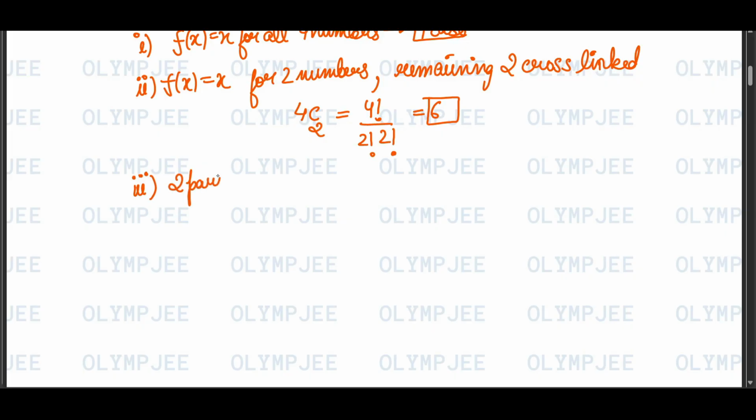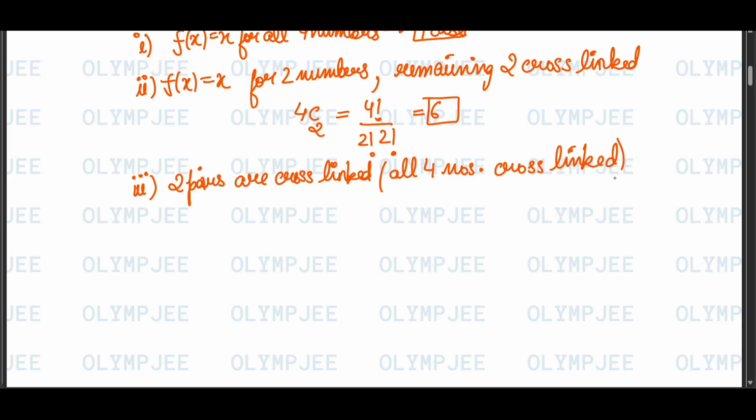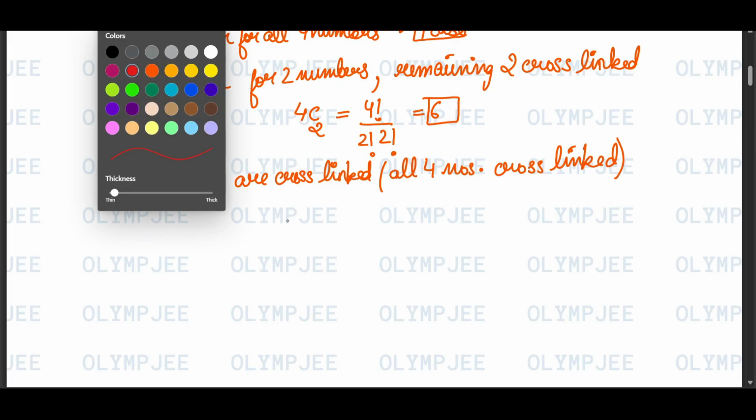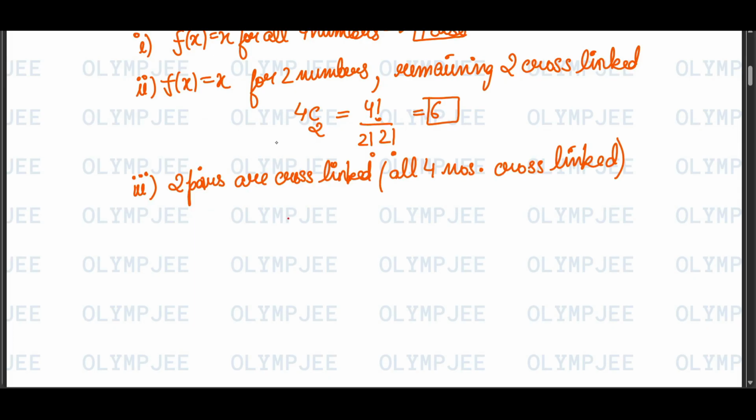two pairs are cross-linked. Means that all four numbers are cross-linked. So we can select similar to the way in which we did the second part. We can also select two numbers.